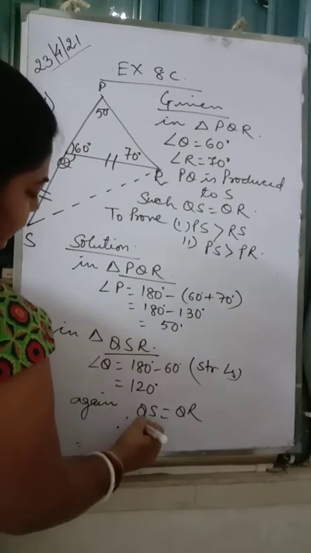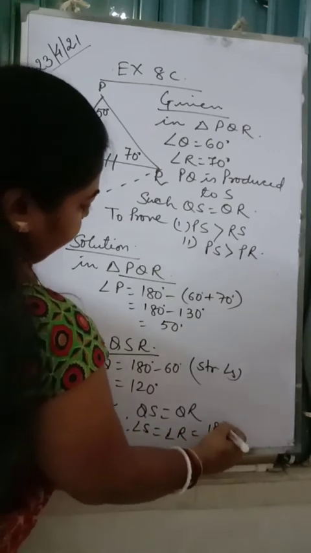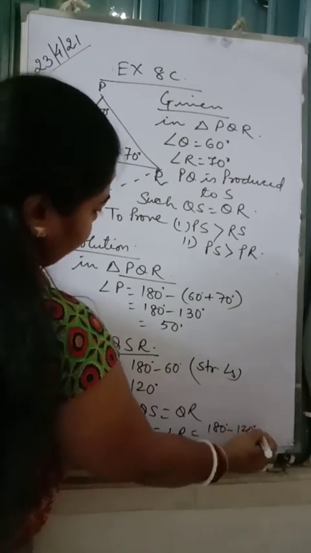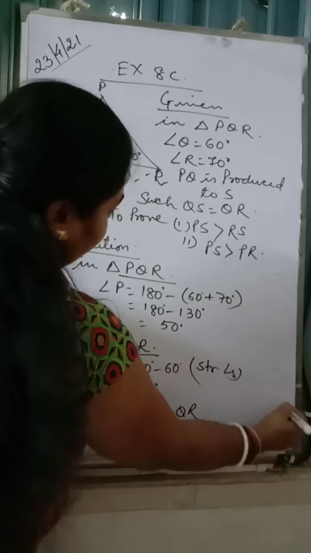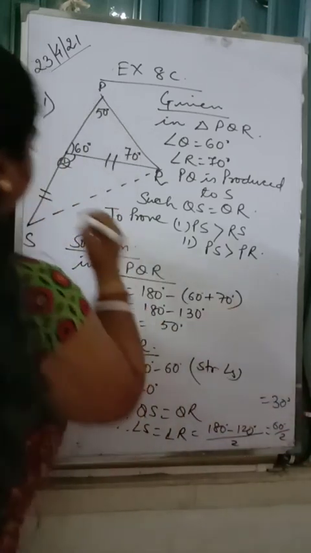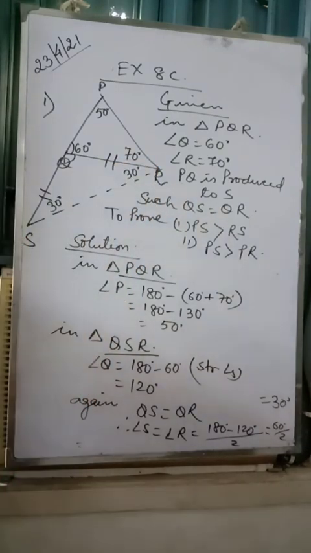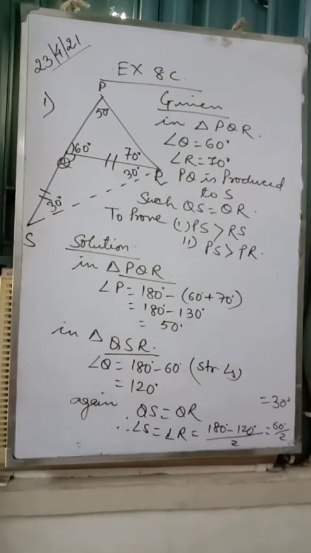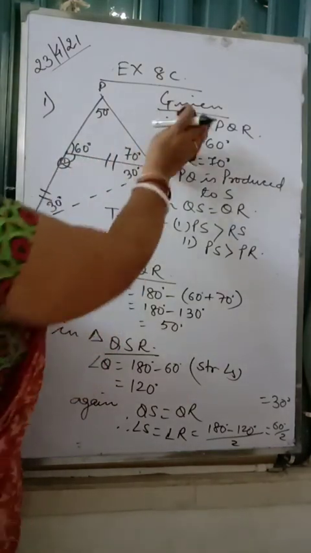So angle S is equal to angle R is equal to (180 minus 120) by 2, 60 by 2 or 30 degrees. So both we are getting 30 degrees, 30 degrees. Now we have to prove.